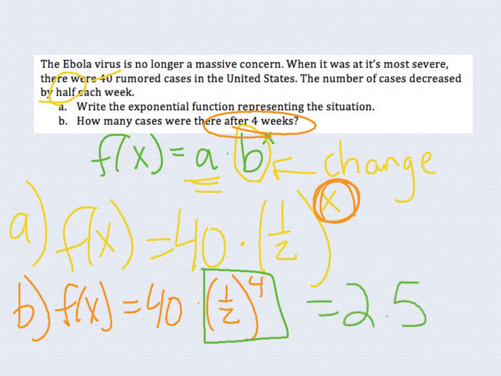Well, 2.5 what? So I have 2.5 cases of Ebola after 4 weeks. So this is us evaluating in this real life situation. After 4 weeks, only 2.5 cases of Ebola remain.